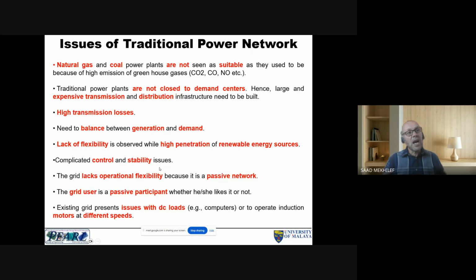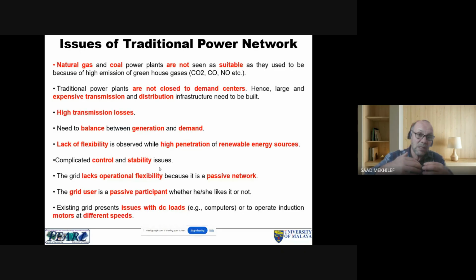So what are the issues of the current traditional networks or grid? This grid, as I said, has been built for almost 100 years now. So it's not something that we can easily dismantle or remove. It has been built and built, year after year, and expanded. And it's not only one grid in one country.